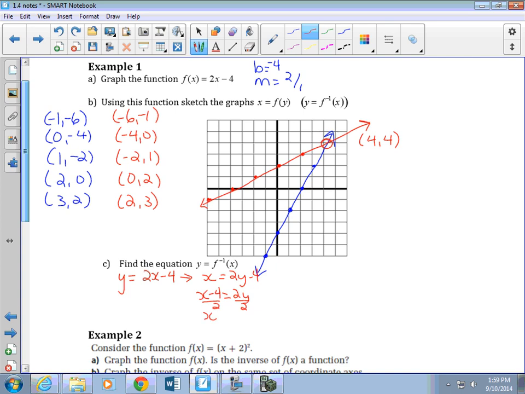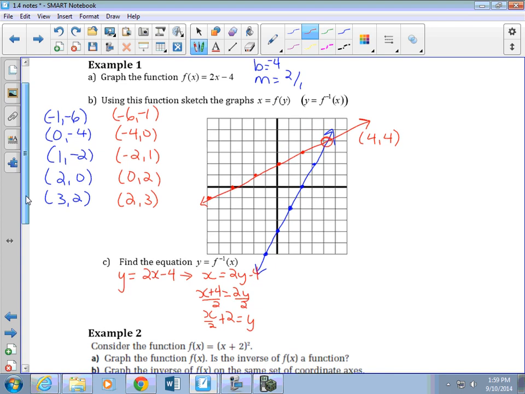So I have x over 2 plus 2 equals y. So if I check on my graph, I've got a y-intercept at 2, and then I went over 2, up 1. So that worked out.